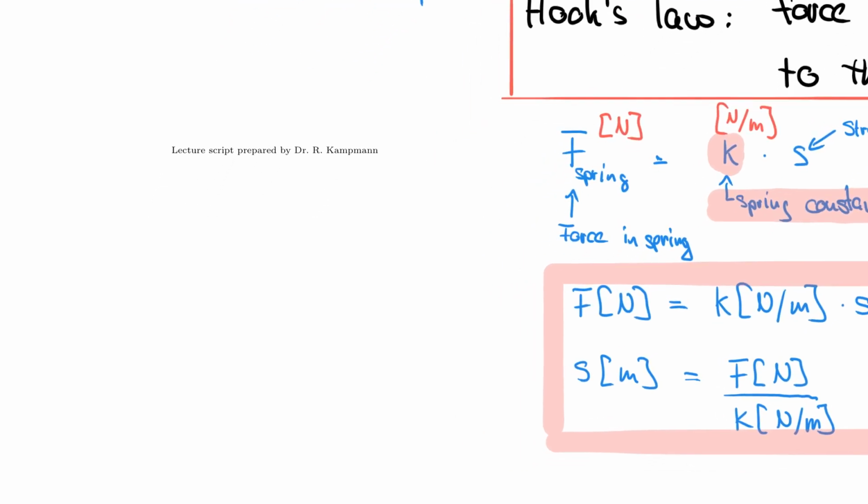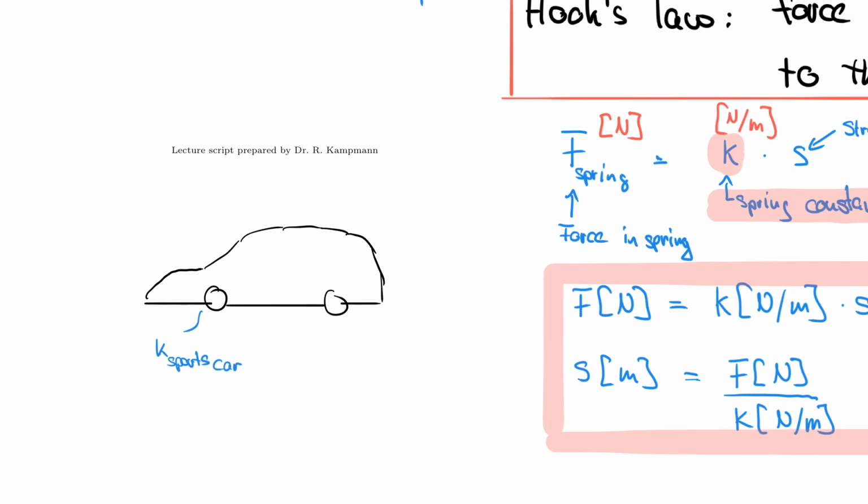So if I were to draw this down here, so let's say I have a car that is somewhat like that. Again, my fantastic artist skills here, but here I have a car and I know a spring constant. So there's a spring constant K, sports car. And then there is, of course, a student.